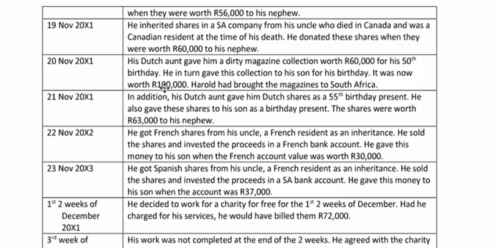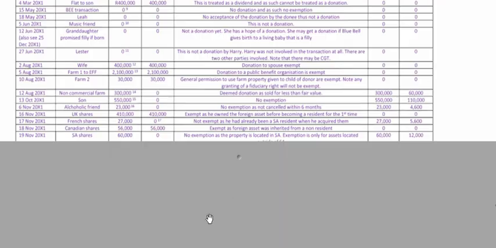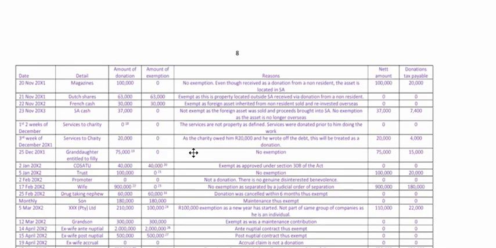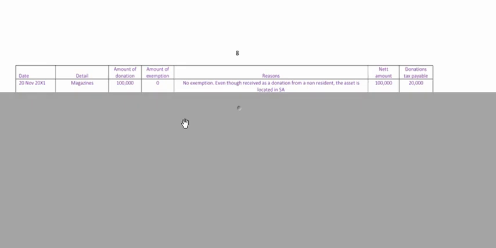So this 100,000 rands worth of magazines is not exempt. Why? Because it's a South African asset at this point in time. So 100 less 0 exemption. You need both non-resident and it needs to be a foreign asset. 100 times 20%, 20,000 donations tax that will be payable.